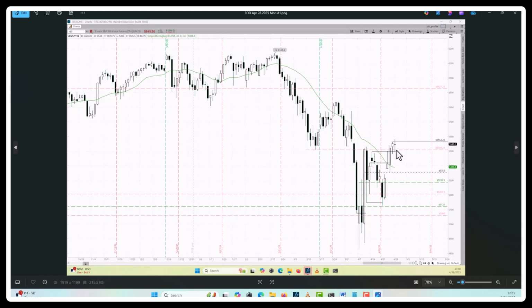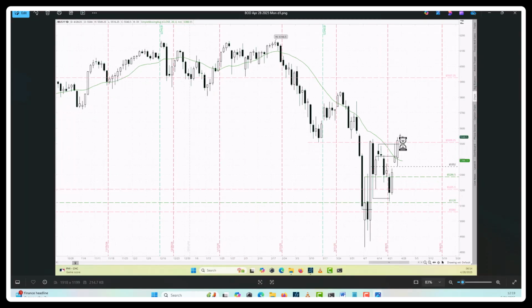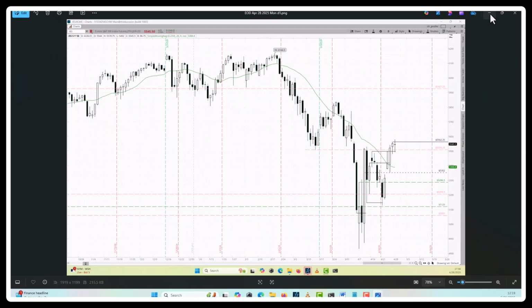So basically before, you see that, yeah, this is before, and after is also a very dozy candle, undecided right there. But one thing, it did touch that level. This level right here, you see that?